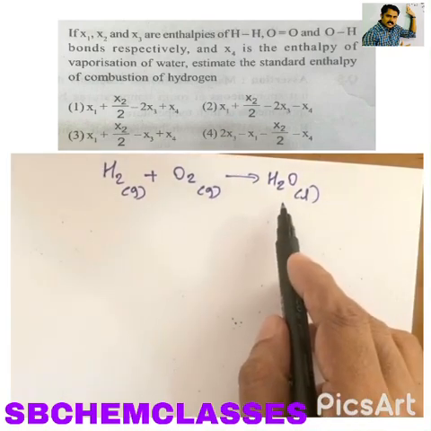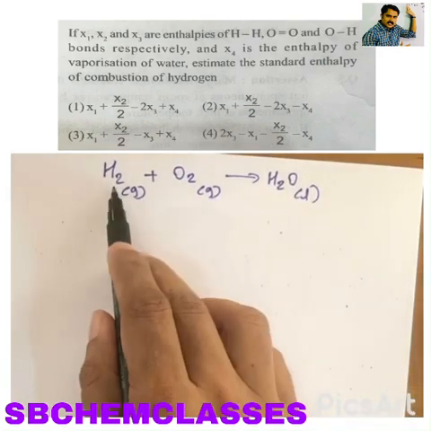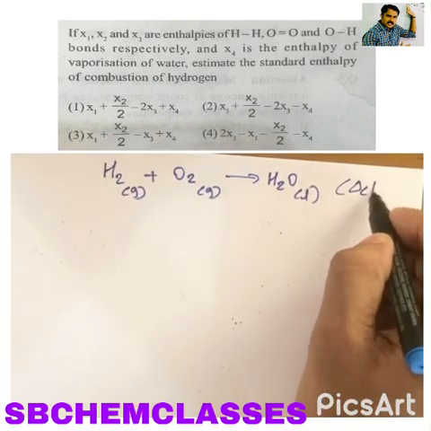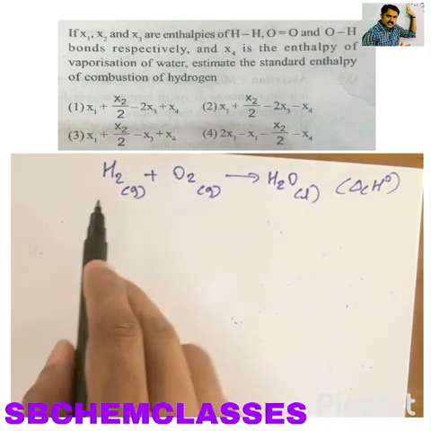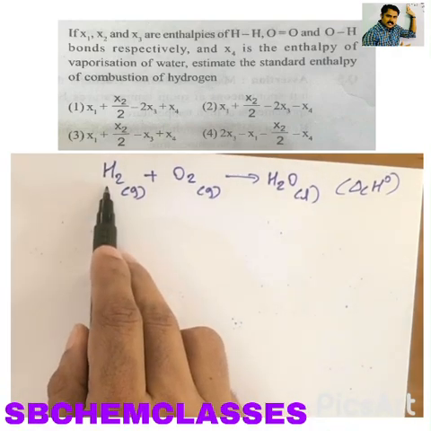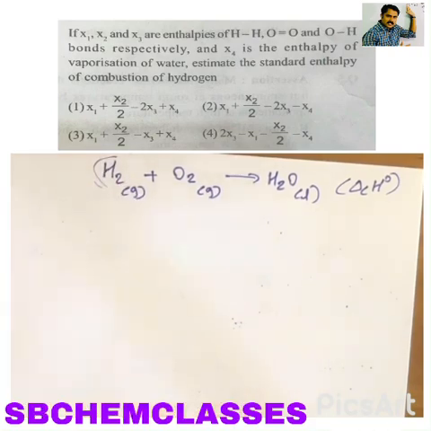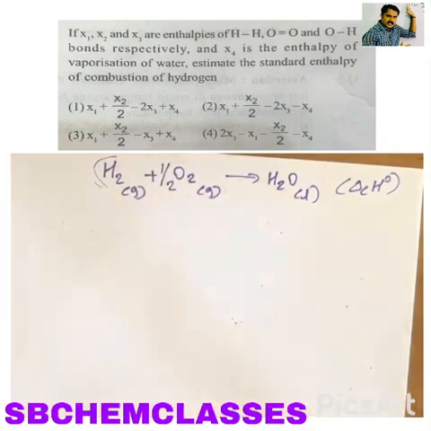It is liquid because standard state of water is liquid state. It is standard enthalpy of combustion of H2 gas. We should balance the reaction. If we are studying about combustion, the species undergoing combustion should be 1 mole. So I have to balance the reaction like this.